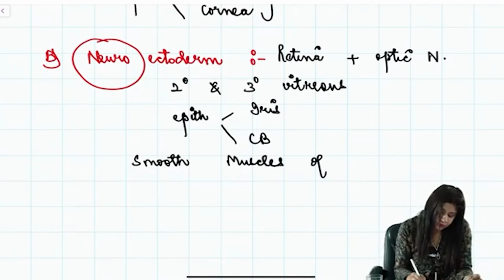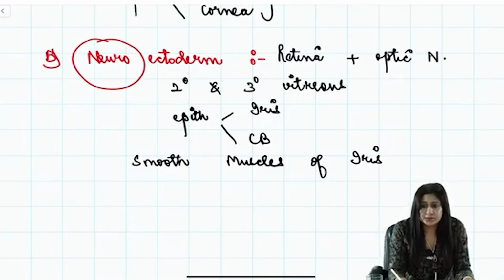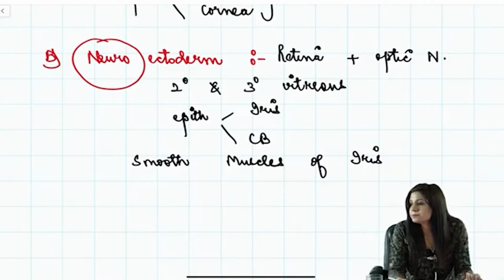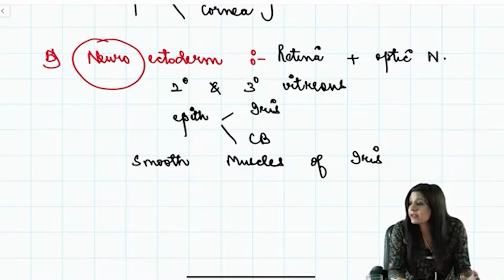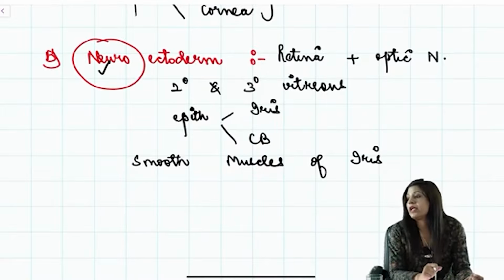Name of these muscles, do you know? Smooth muscles of the iris: dilator pupillae and sphincter pupillae. What is the action of these muscles? They do the pupillary reaction, constriction and dilatation. Because they show a neurological function, the pupillary reaction, they come from neuroectoderm.